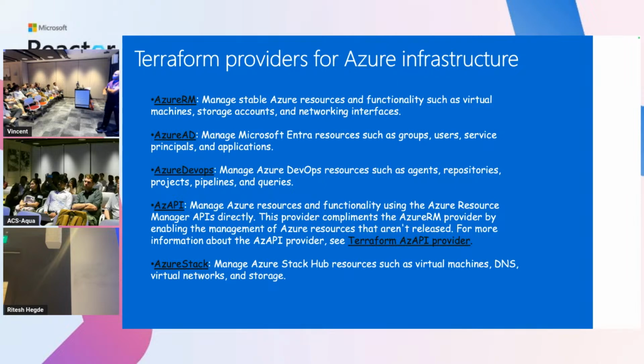AZ API is where, if you want to do some kind of beta testing or explore very new public preview APIs, you can use AZ API. But if you want it to be stable, go with Azure RM. There is a way to migrate from AZ API to Azure RM. There is a tool which Microsoft has, you can utilize that.